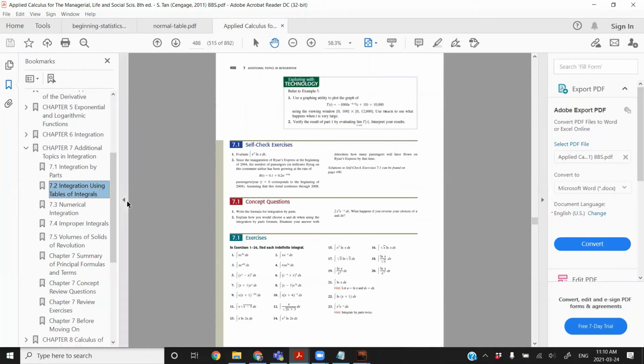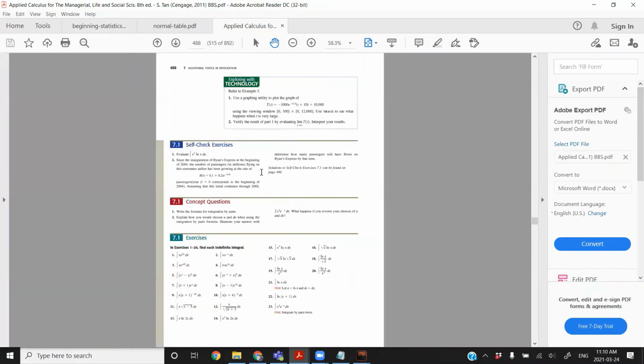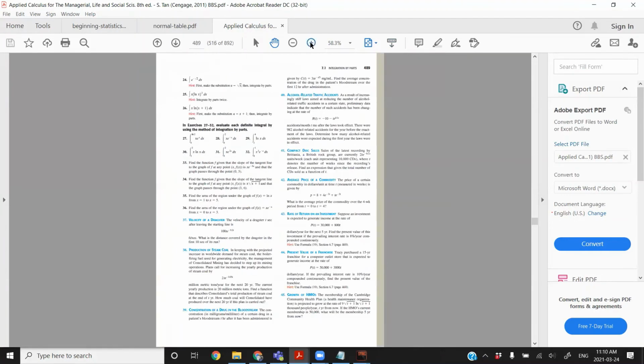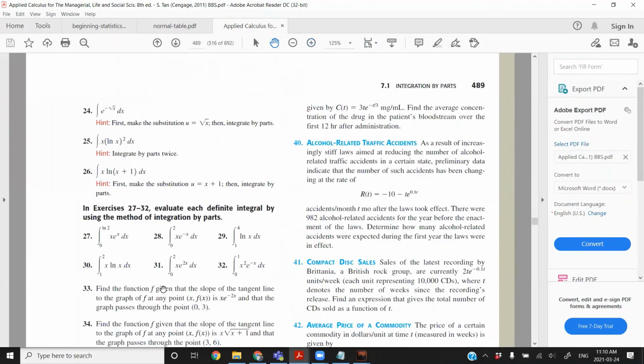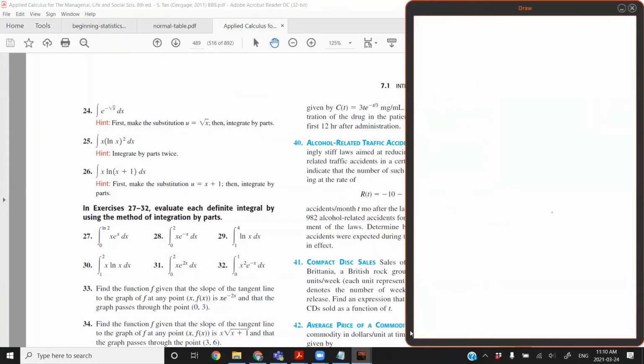It's on page 489, the next page, question 30. So these ones, 30, yeah? Yeah. Okay. I was able to do it, it's just the end of the answer was wrong, and I don't know where I could fix that.